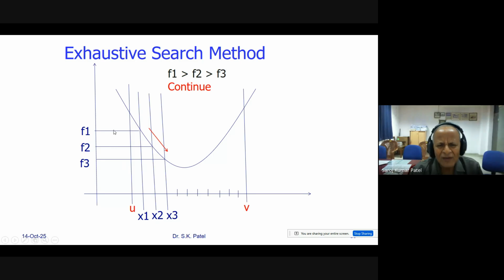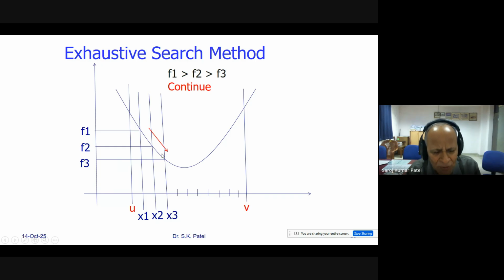And here, as the x value increases, the f value is reducing. Since our objective is to locate the minimum value of f, in this graph of f of x, the minimum value exists here. We start from u here, and as we proceed from u to here, at each and every point we calculate the value of f of x, and we observe that at three consecutive points x1, x2, x3, the f values are decreasing.